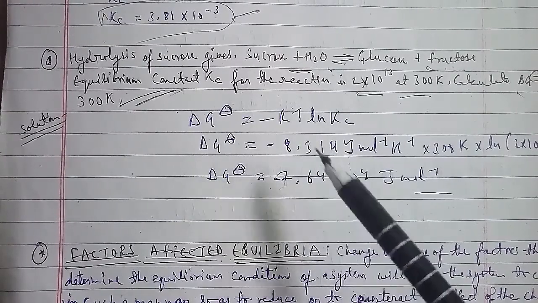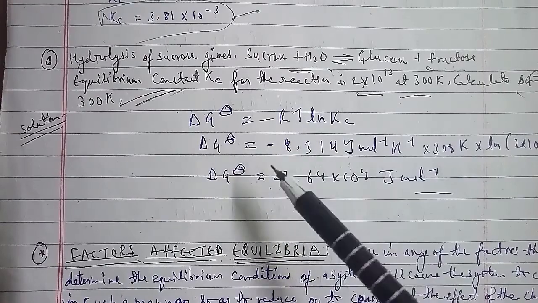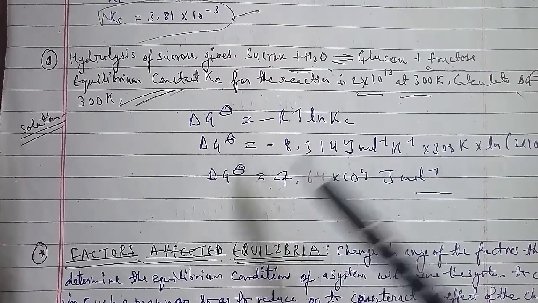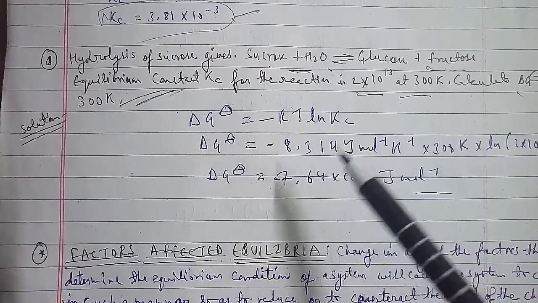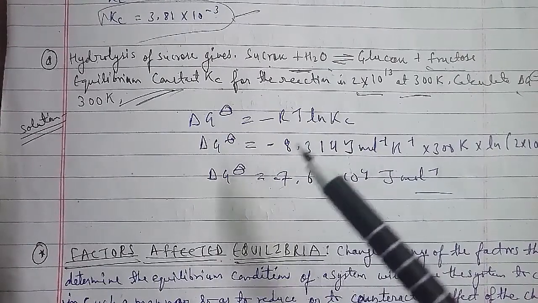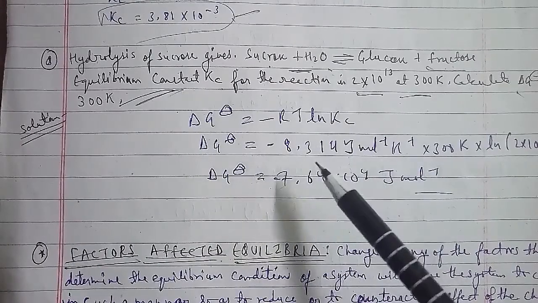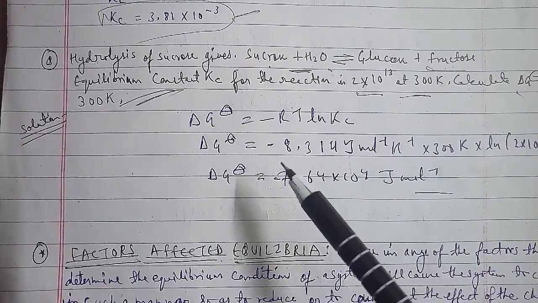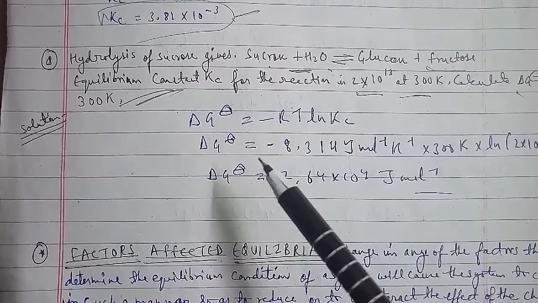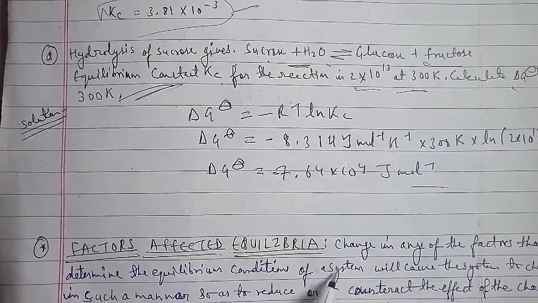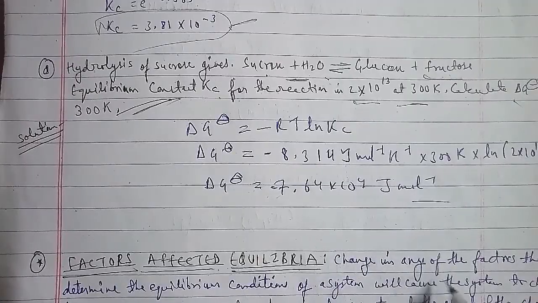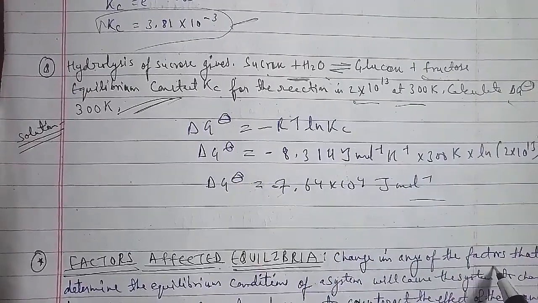It states that a change in any of the factors that determine the equilibrium condition of a system will cause the system to change in such a manner so as to counteract the effect of the changes. This is applicable to all physical and chemical equilibria.